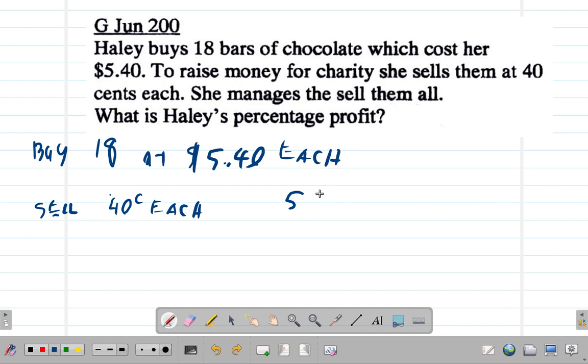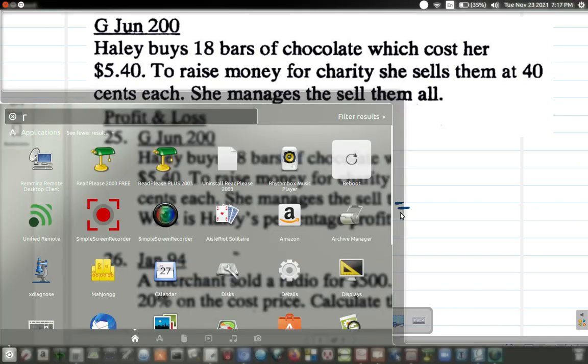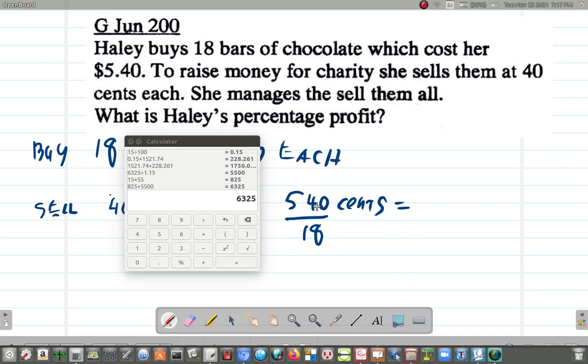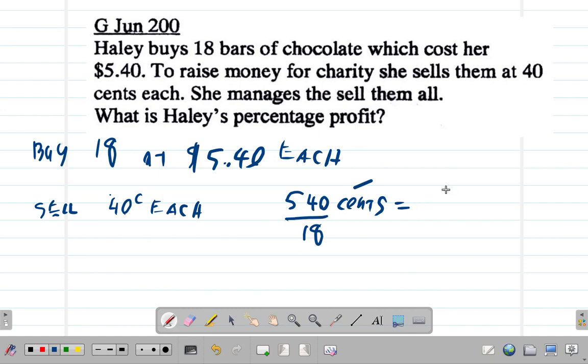If we multiply $5.40 by 100, we have 540 cents, and we divide that by 18. Now, how much is that? For each, 540 divided by 18 equals 30 cents each. So in that case, the cost price is 30 cents each.